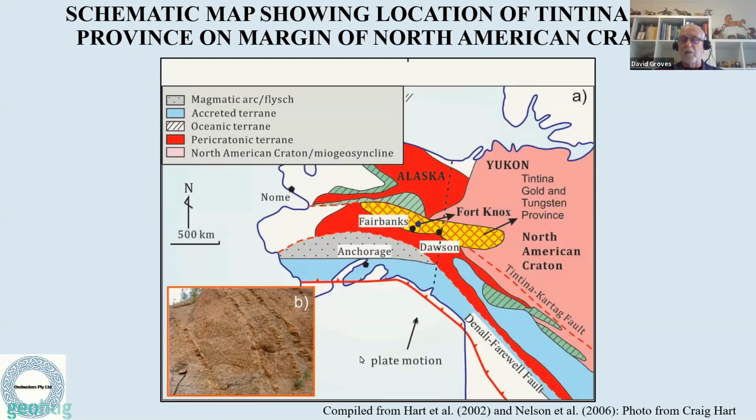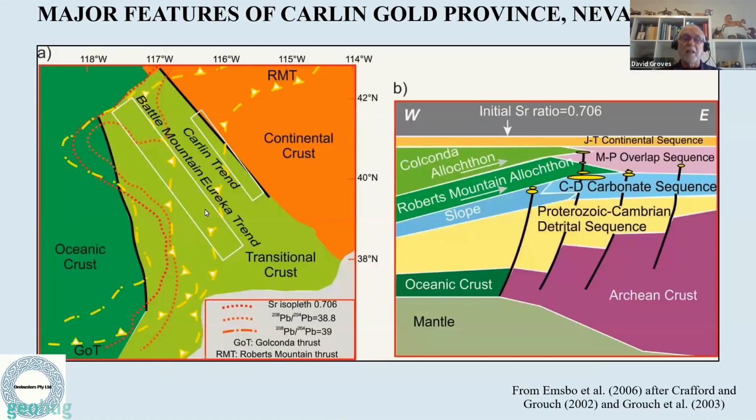If we came down, you can see these are extensional deposits, with these extensional vein arrays. As we come down to the southeast, we come to Carlin along exactly the same boundary. And again, Carlin is sitting on the edges of the Craton, the continental crust.